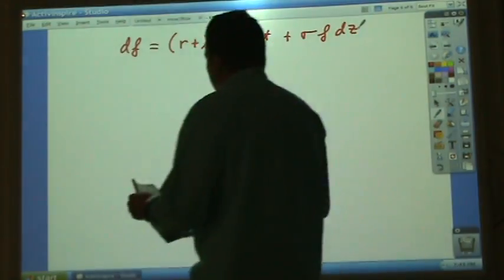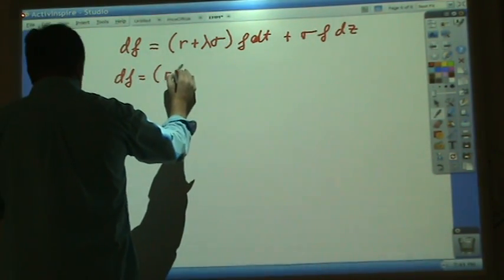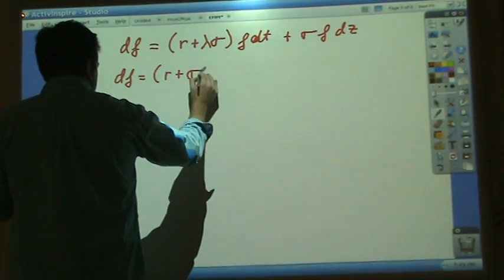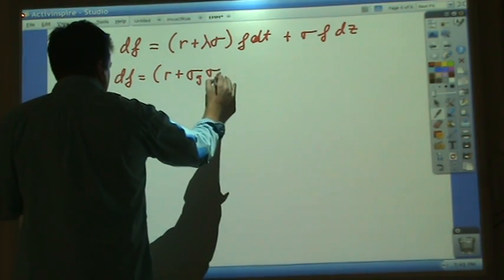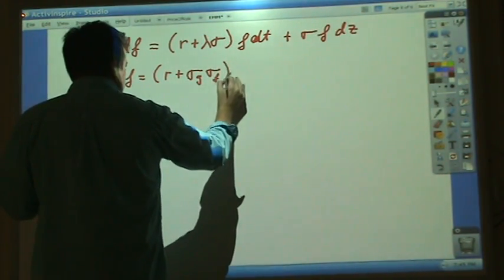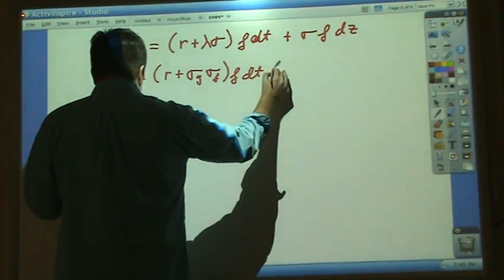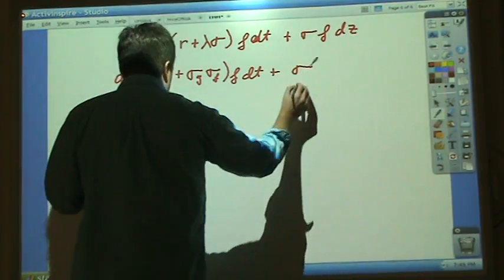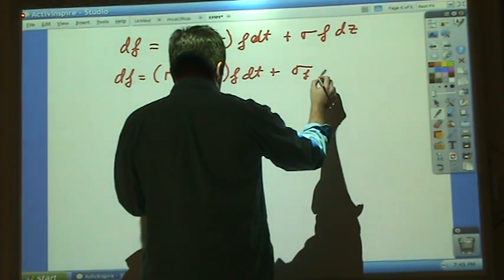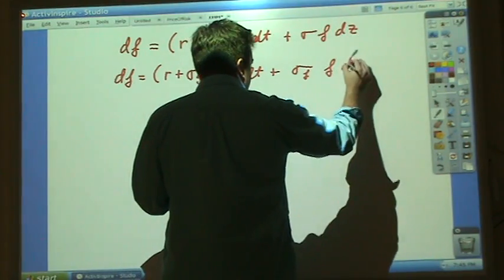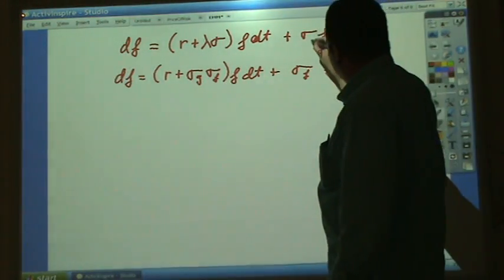Okay? And df equals r plus sigma g sigma f times f dt plus sigma f dz. And this should be sigma f.